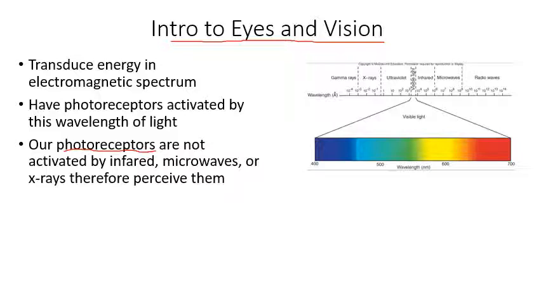That's where those photoreceptors lie, and what they are going to transduce is energy in what we call the electromagnetic spectrum. You don't need to know exactly the electromagnetic spectrum, but what you need to know is that these different energies travel in waves, and the difference is the frequency at which they travel.